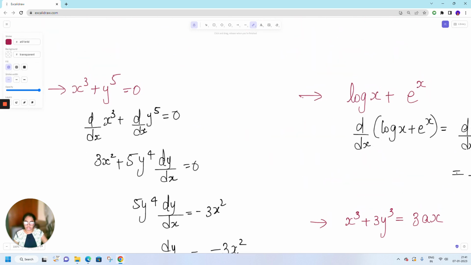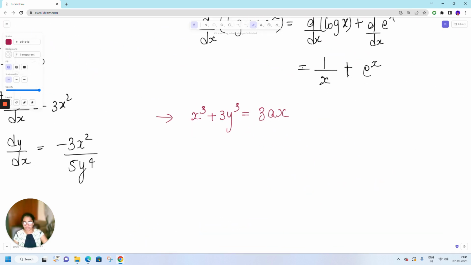I've already solved here x cube's derivative. Okay, let me solve that with similar steps. Yes, so I'll give derivative for each term. So d by dx of x cube plus d by dx of y cube is equal to what? 3a is a constant.